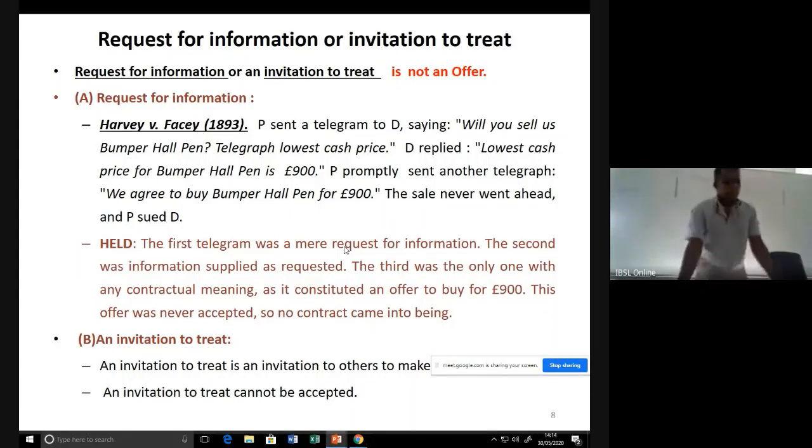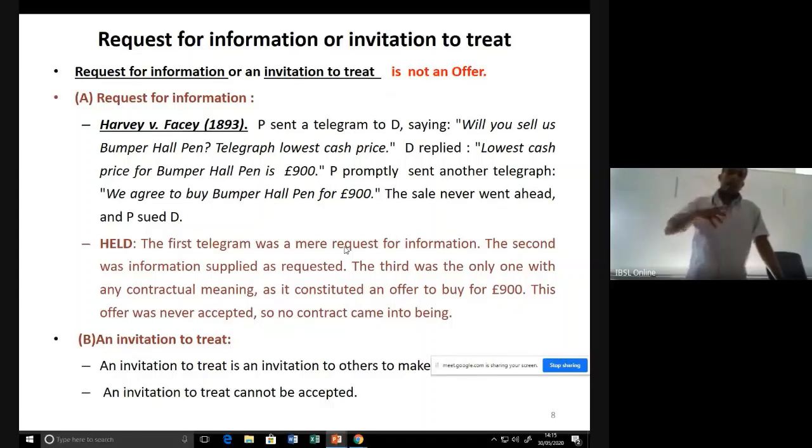But there are some statements, some promises, which look like an offer but actually are not an offer.